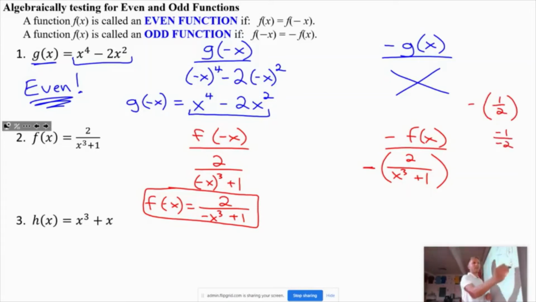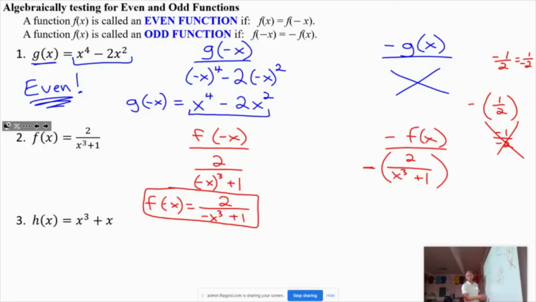If you distributed that negative to the top and bottom, you would have negative 1 over negative 2, which would cancel and become positive. Do not distribute to the top and the bottom. You choose to distribute to the top or the bottom, because negative 1 over 2 is the same thing as 1 over negative 2. And you have to choose because you want to make it match your previous column.